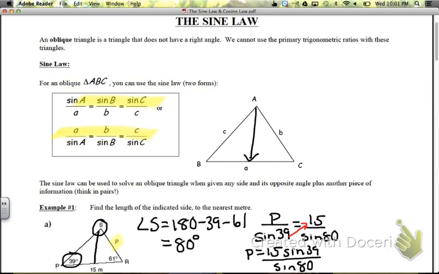So now you can plug this into your calculator. Make sure that you do use brackets, and it all depends on your personal calculator how many brackets you need. So when I plug that in, I'm going to get that P is equal to 10 meters, since I want to round to my nearest meter. And that will be example 1.